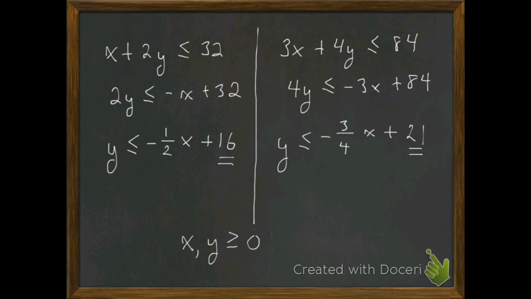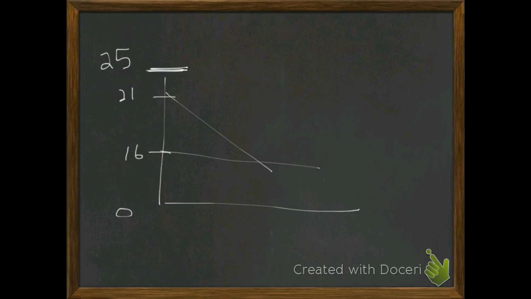And you can kind of think of this, if y is 0, and I solve this as an equation, you can probably see that that's 32. Now, I'm not going to use that in my linear programming solution, but I'm going to use that to get an indication of where I need to stop my x max.